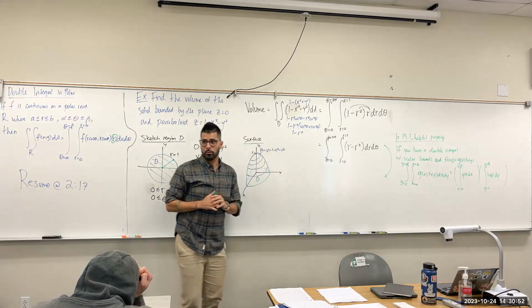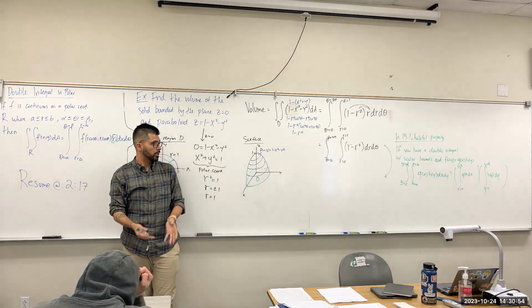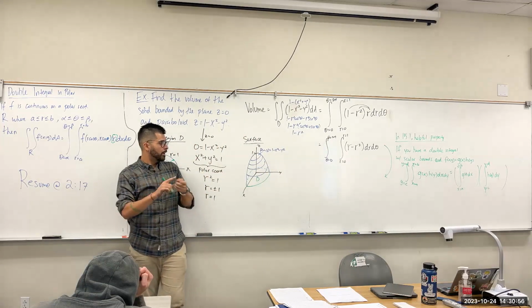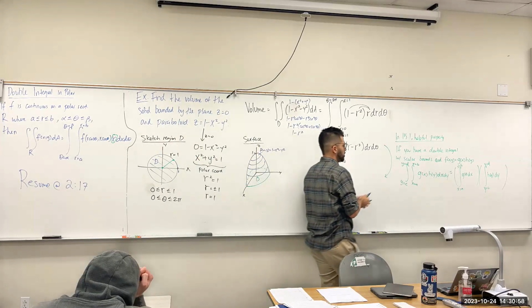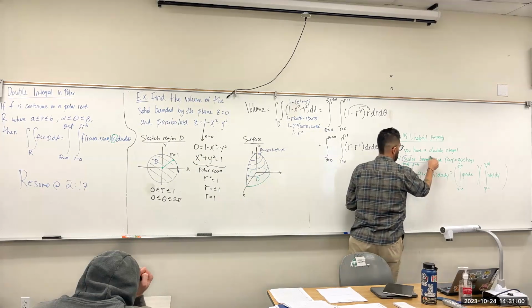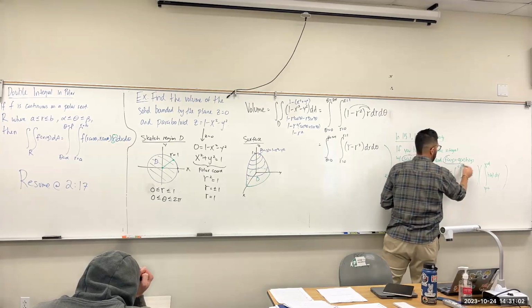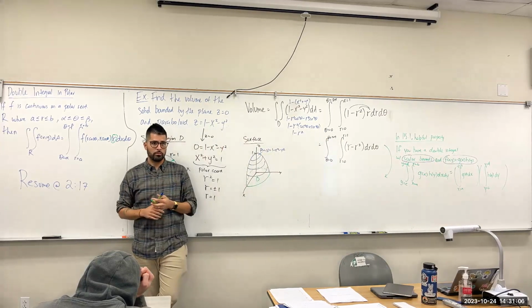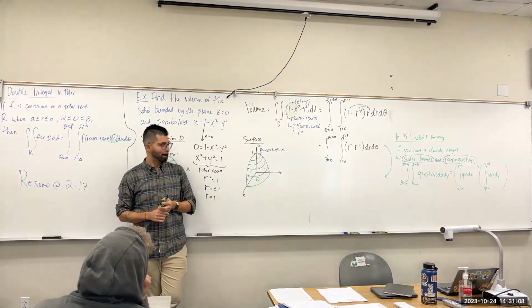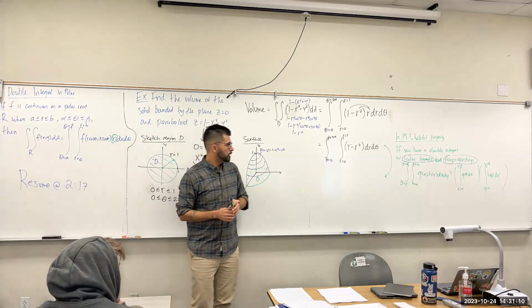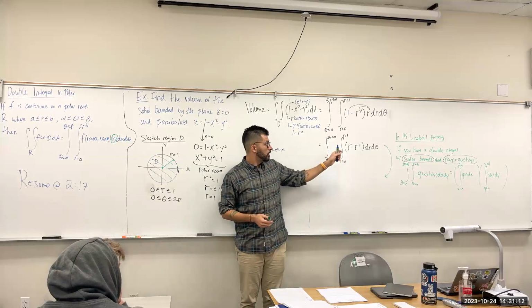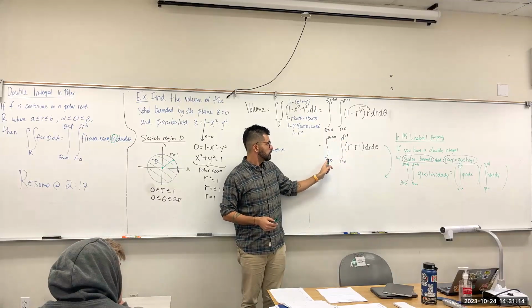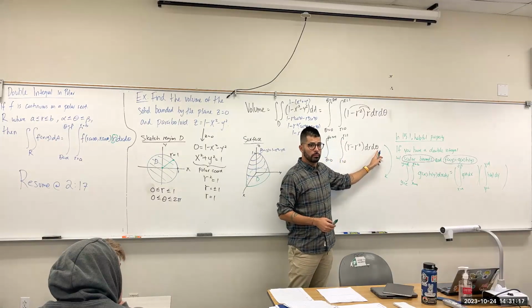It's a very helpful fact to help you make things clean. But it's only when you have scalar bounds, and only when the function can be thought of as a product of the two different input values. Okay? So we're going to use that here. I have scalar bounds. I have dr d theta.